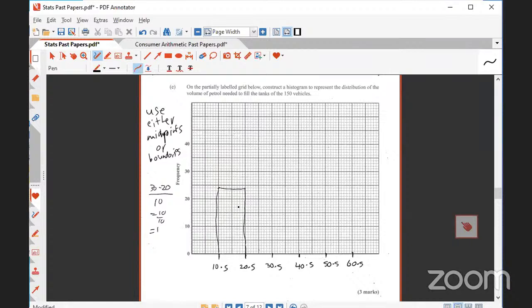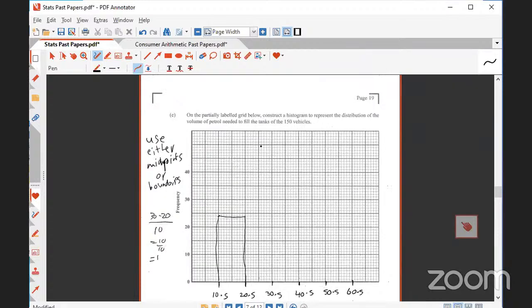What's the value of the second one? 20.5 to 30.5. What's the frequency of that one? We never wrote it down.